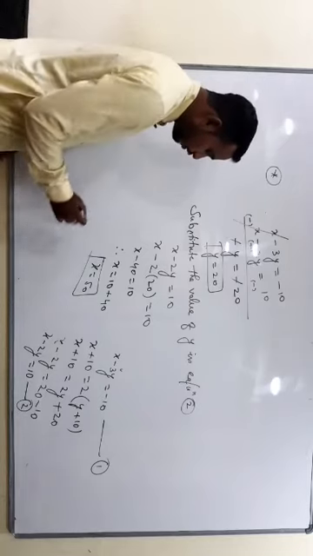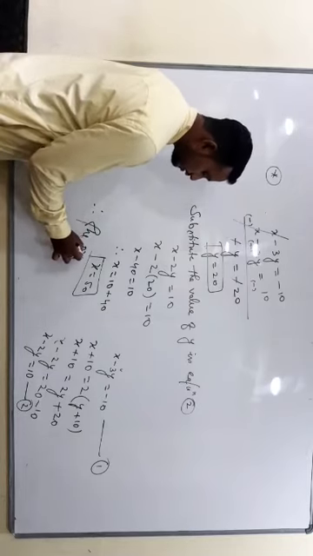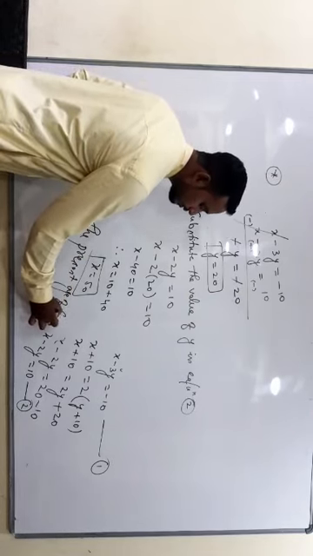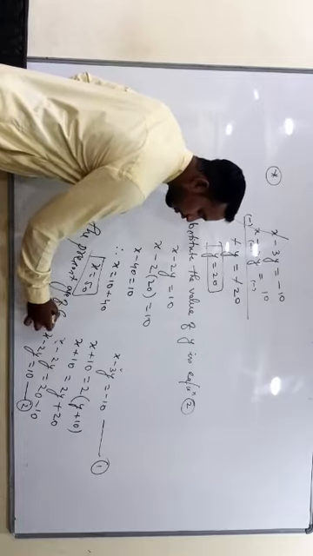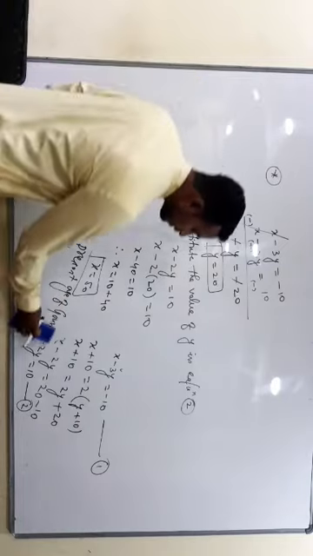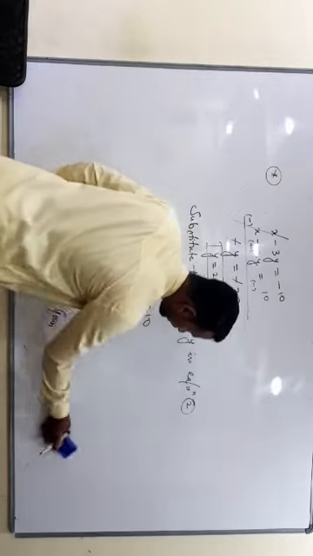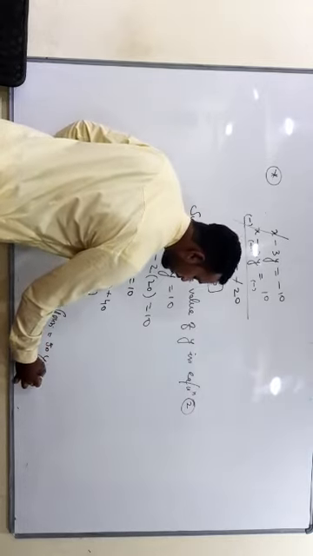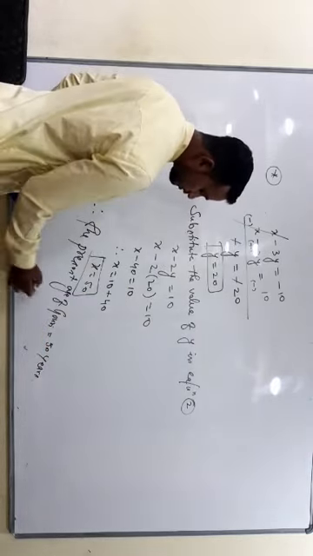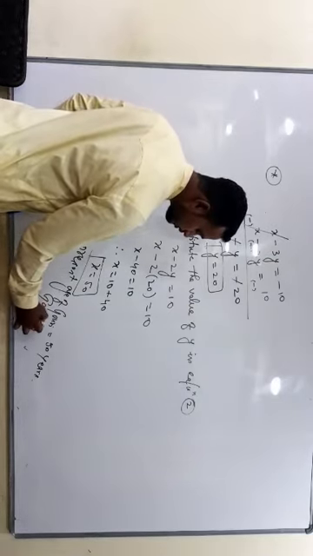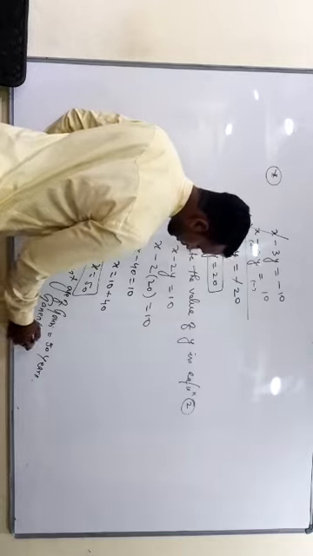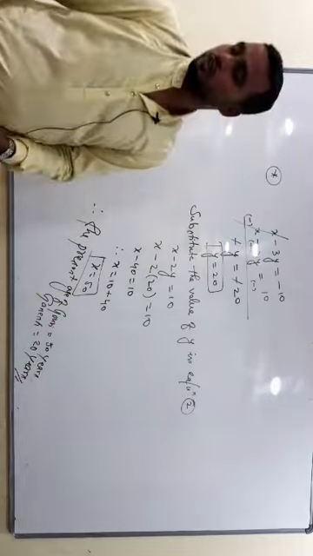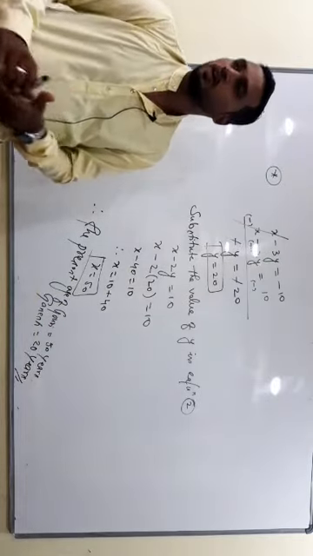So you should write, therefore the present age of Gauri is equal to 50 years, and Ganesh is equal to 20 years. So this is the present age. Is this clear?